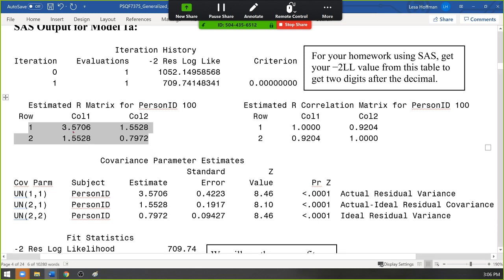So it's pretty easy to tell SAS or Stata to allow a different residual variance for each outcome, right? We just say it's unstructured or it's heterogeneous variance, whatever. And it's pretty easy to say, well, just put a covariance there. The residuals between the same person or the same family or the same whatever, they get to have a covariance.